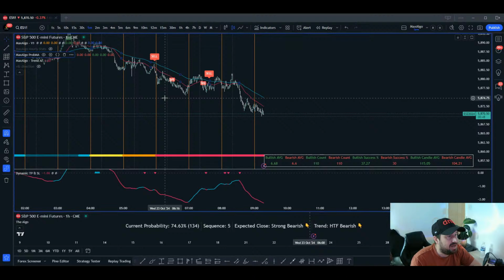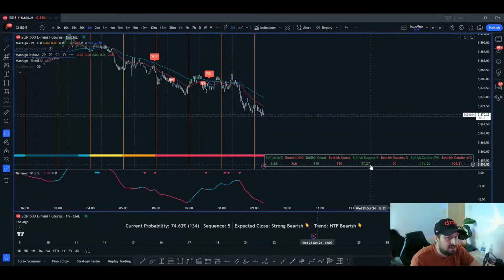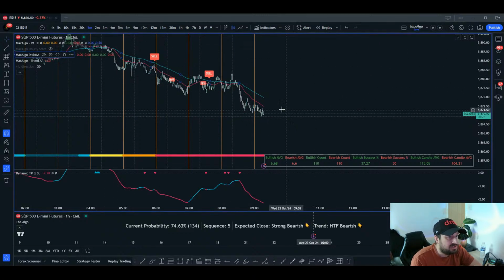So if we cross bearish and it's lower when it crosses back bullish, that's success. If it doesn't, it's failure. So it's showing that 37% of the bullish crosses ended with price higher when it crossed back over. Otherwise, it ended lower. So the probability is that by the time we cross back bullish, price 70% of the time will be higher.